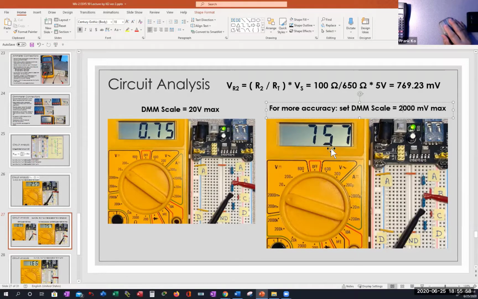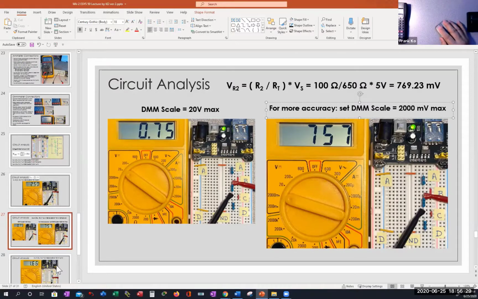Is this more accurate? Does this show greater resolution than my decimal value on the scale on the left? Yeah. And take a look at my connections. I'm using little hooks. I could use the probes. I can use anything I want, but I happen to have hooks, so I'm hooking onto the resistors, specifically across the voltage across R2, and that's pretty good. I expected something close to 769, and I got 757.